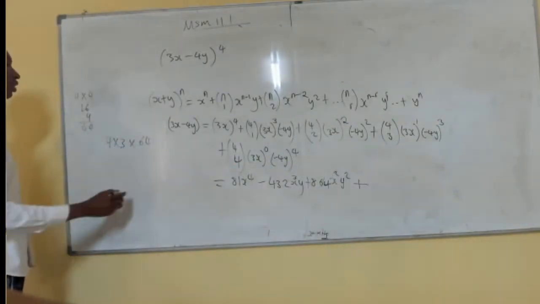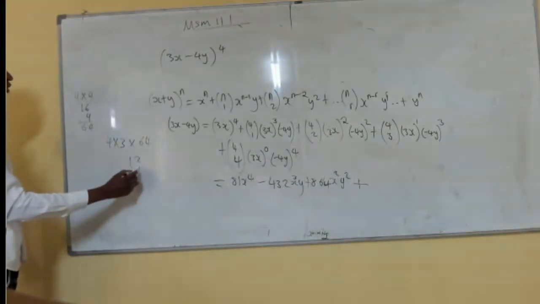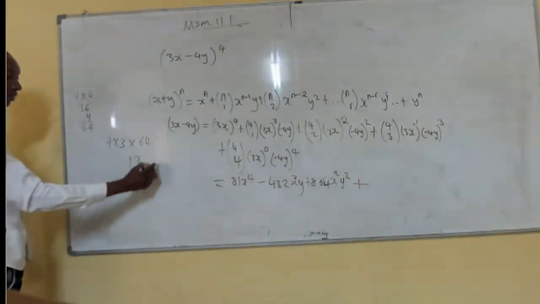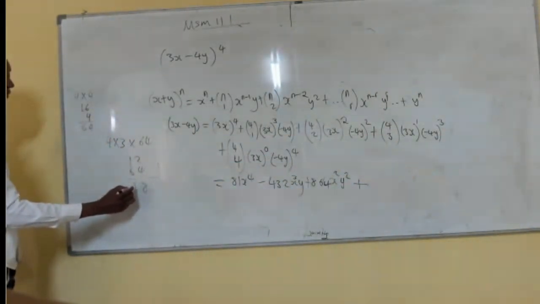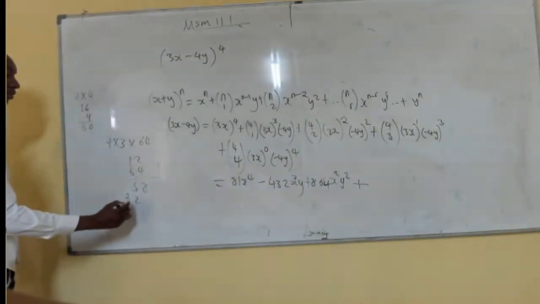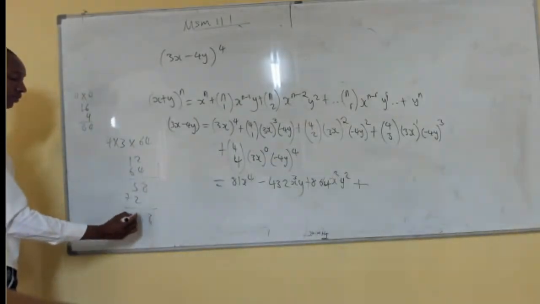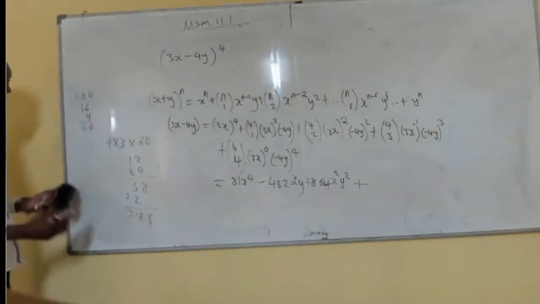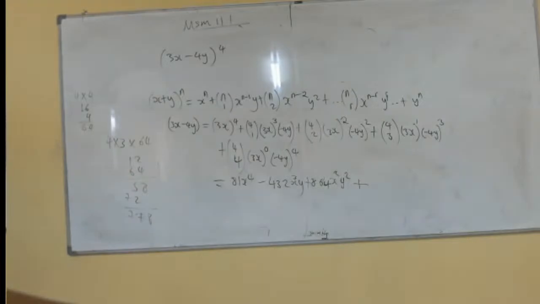So 64. So we're now looking for 12 times 64. That gives 768.